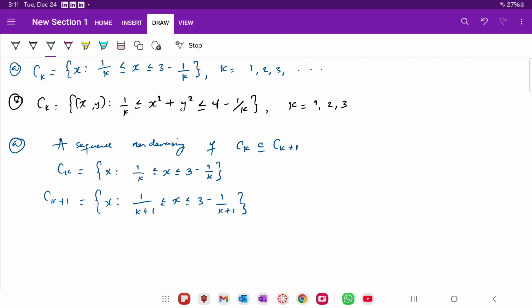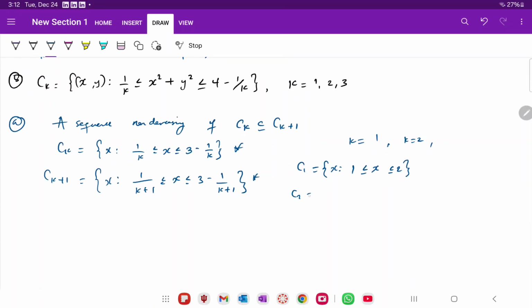For the simplest check, you can just take k equals 1 and k equals 2. That should be sufficient to justify the claim that they are non-decreasing. So for C1, we have x such that 1 over 1 is less than or equal to x less than or equal to 3, and that will be 1 to 2.